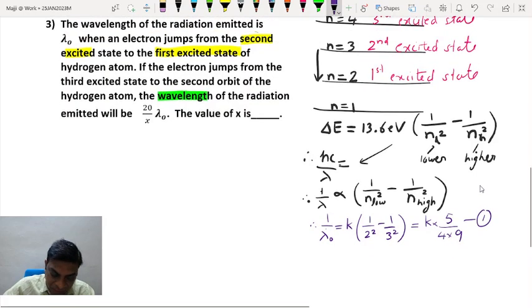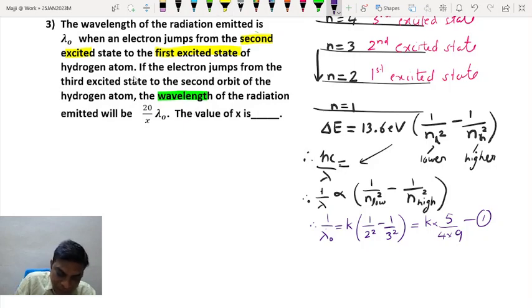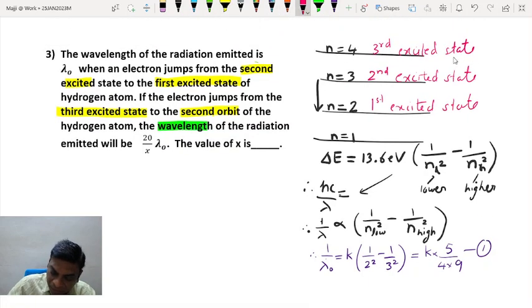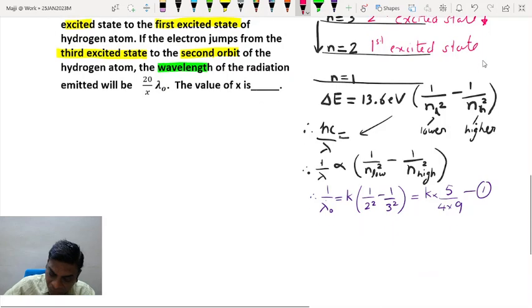Then the second transition is from where to where, you can see it is from the third excited state to the second orbit. So third excited state means n equal to 4, to the second orbit.